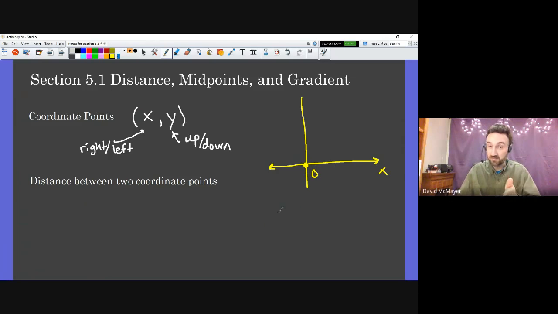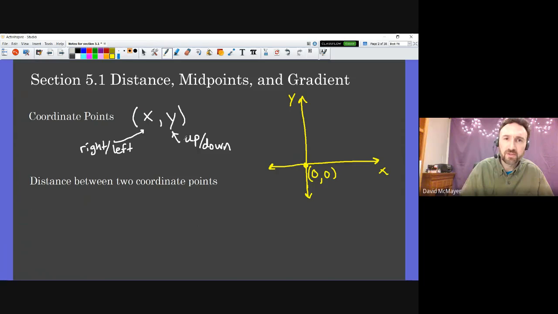So x equals 0 is right in the middle, and y equals 0 is right in the middle too. This is the coordinate point (0, 0), called the origin. Likewise we'd have a y-axis running up and down, which goes through the point (0, 0). Positive numbers would be up, and negative numbers would be located below that origin.